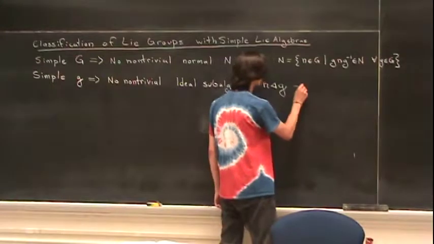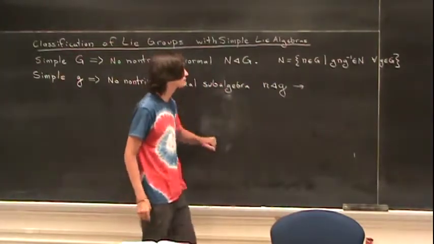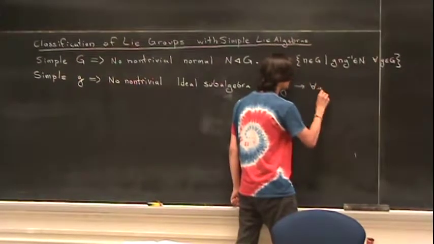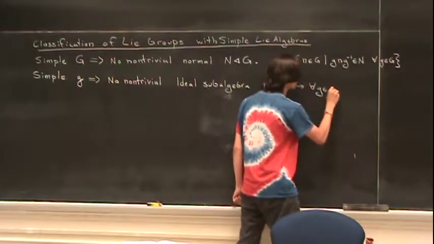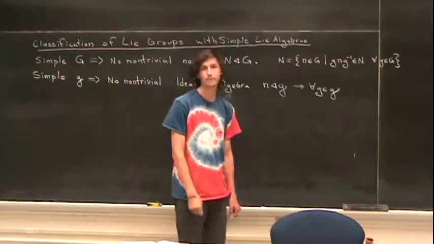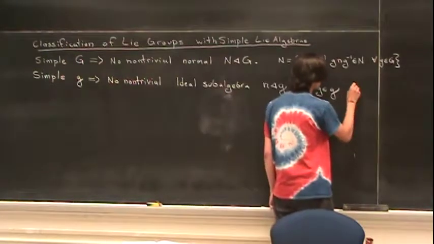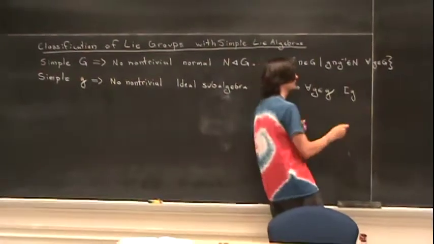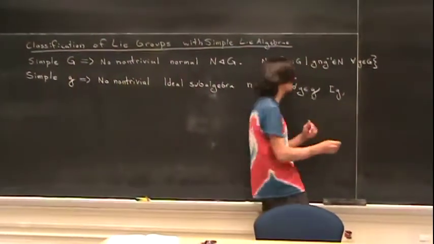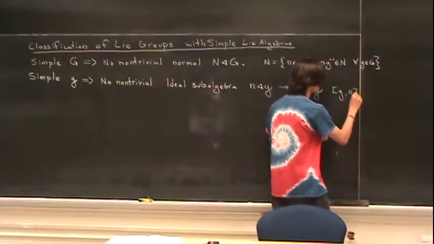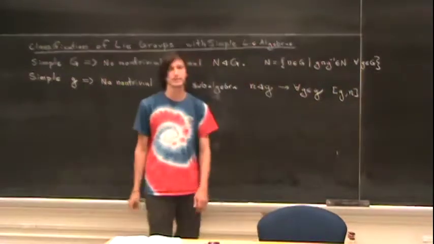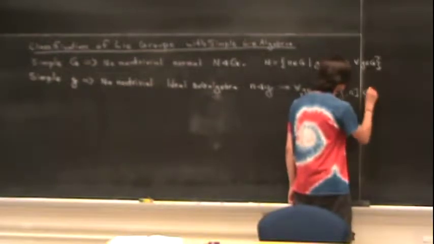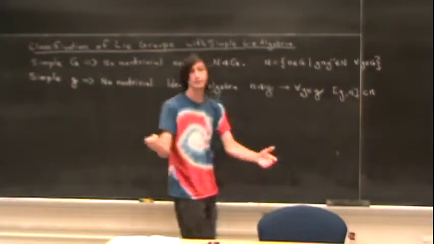Well, this means that the ideal is a set such that for any element of the algebra, if I take the commutator of this element with any element in N, which I'll just write as the whole set in the ideal subalgebra, this will again be contained in the ideal.